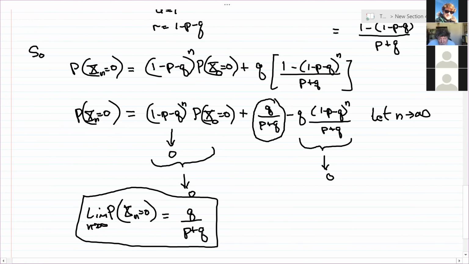Well, that's the probability of being broken. What's the probability that you're working after a long period of time? That would be the complement, right? So the probability after a long period of time that the system is working would be 1 minus this.